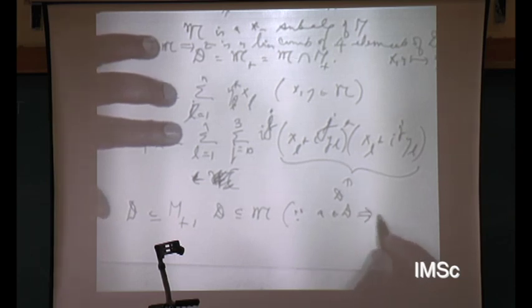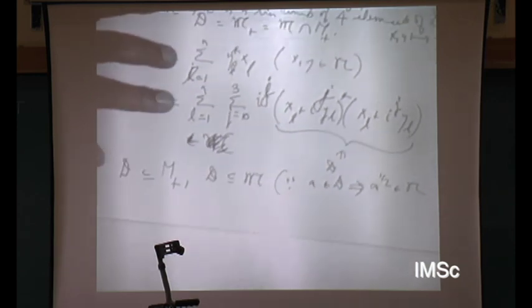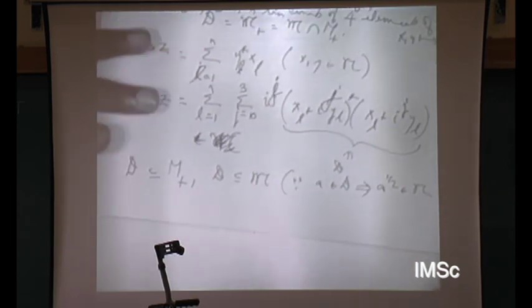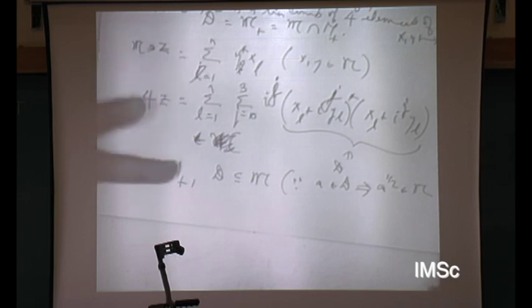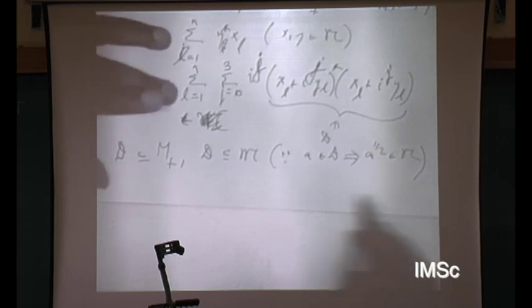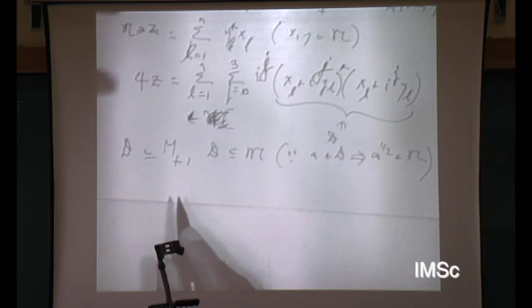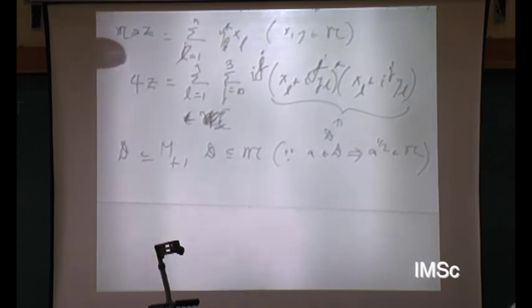That implies A to the half will be in N. That means A star A is in N, so it is in D. So D is certainly contained in M. So for the reverse inclusion, we go back to this thing. No, we don't have to go back to this.